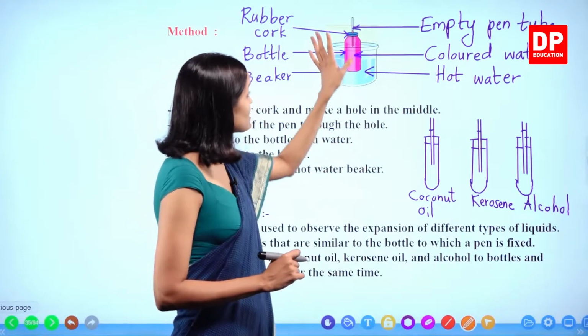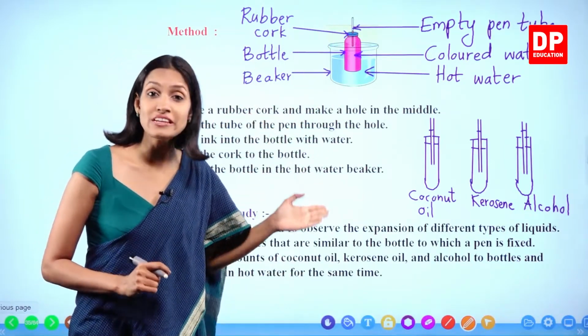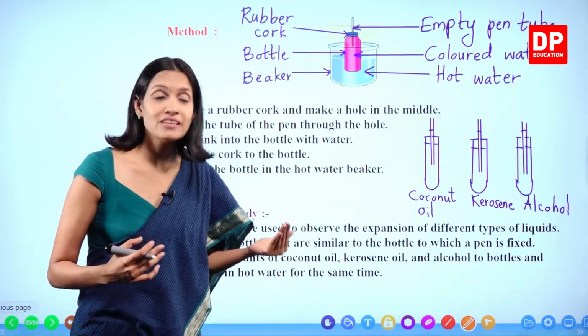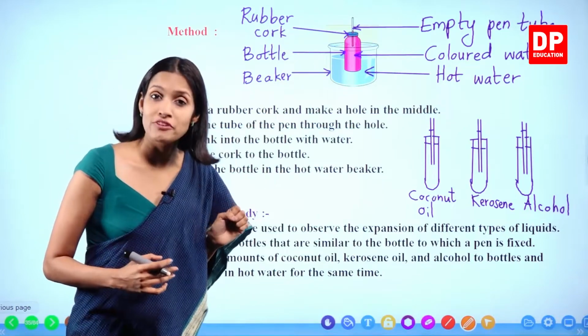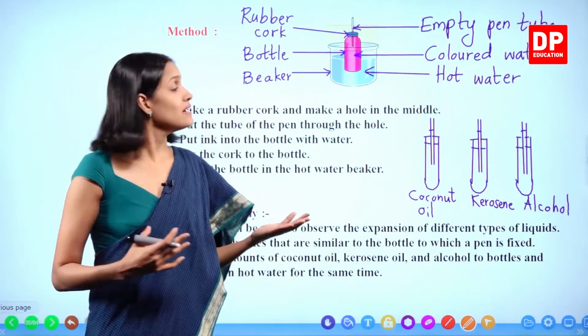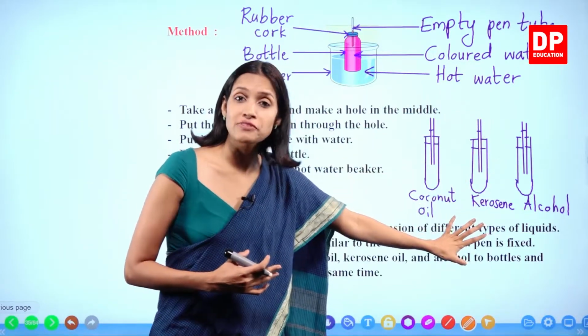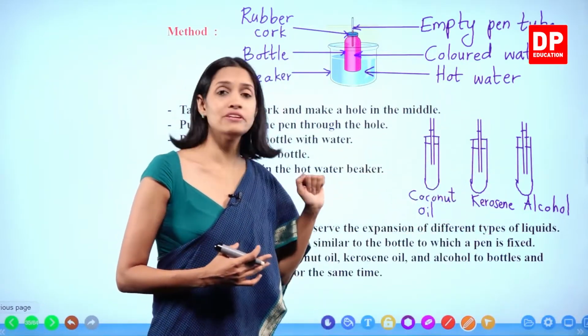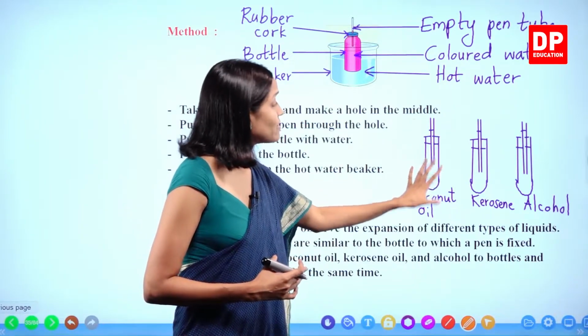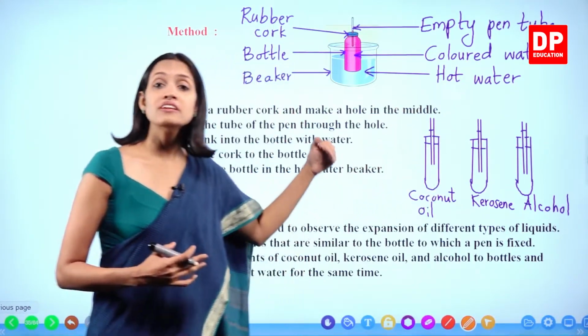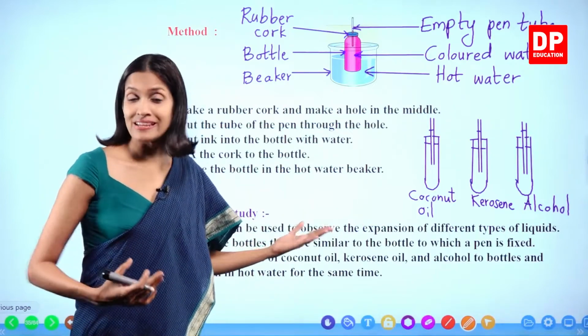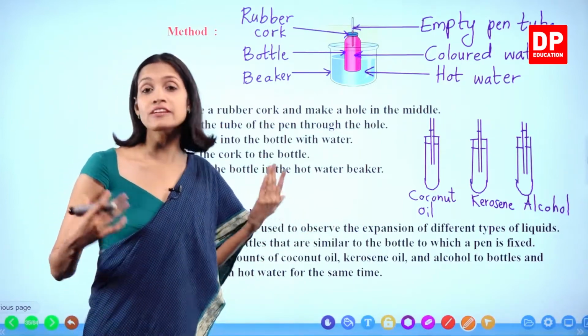So, after doing this first activity, it is very clear because of heat, liquids expand, which means the volume increases. What can you decide after doing the second activity? What is the conclusion of this activity, children? After this activity, it's very clear different types of liquids expand in different amounts at different levels.